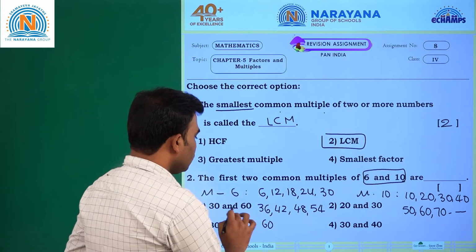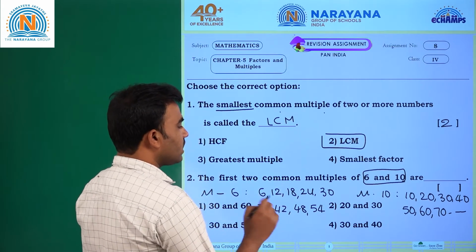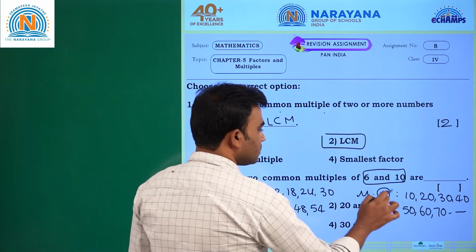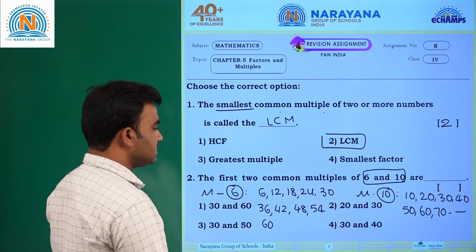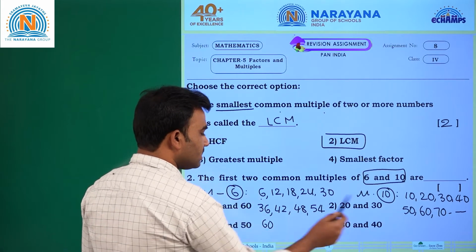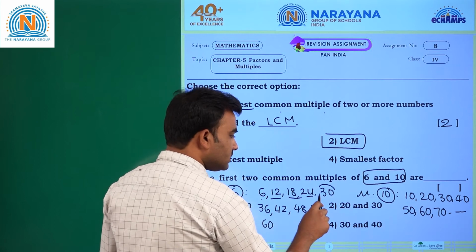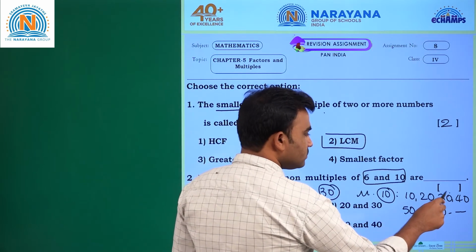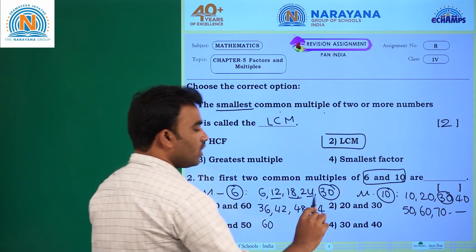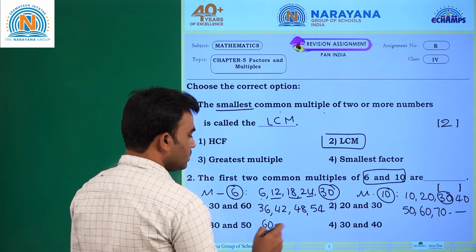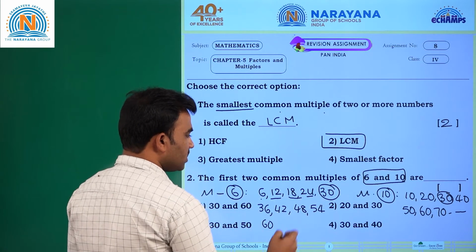Now in this, what are the common multiples of 6 and 10? 6 is not there, 12, 18, 24 is also not there, 30 and here also 30. Both are common multiples of 6 and 10. So 30 is the common multiple.